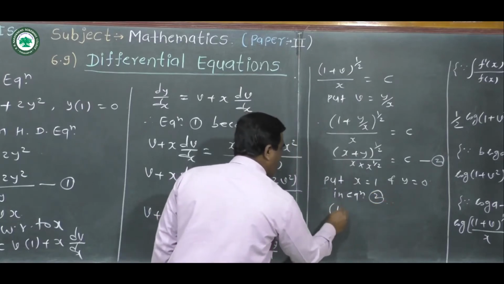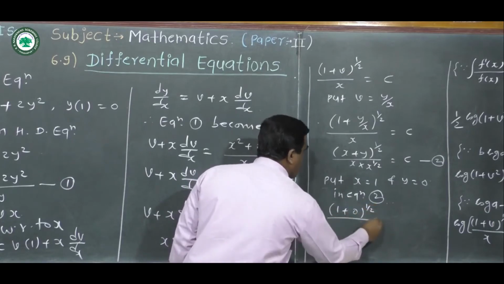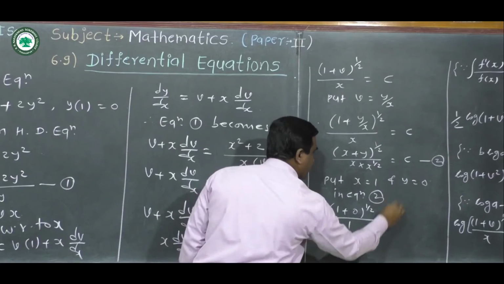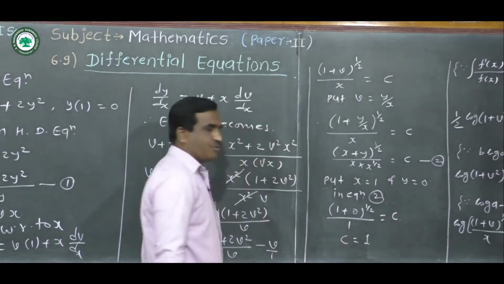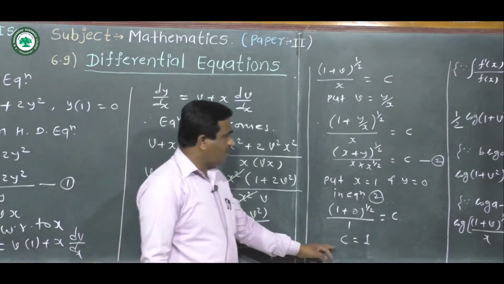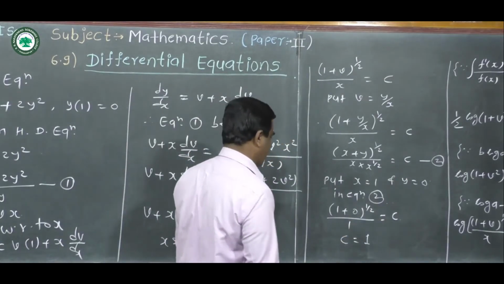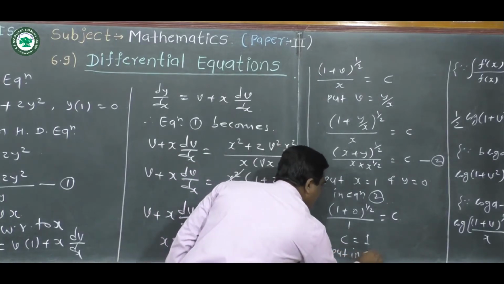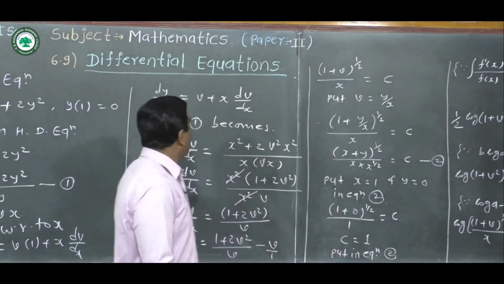Therefore we can write here (1 plus 0) raised to 1 by 2 upon 1 into 1 raised to 1 by 2 is equal to C. That is, we get C is equal to 1. Put this value of C in equation second.